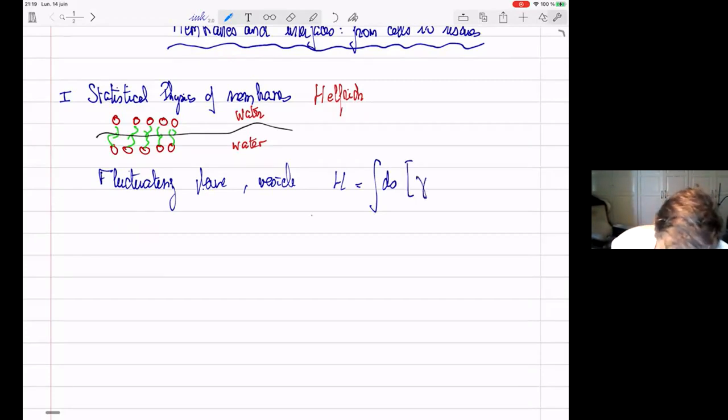The zeroth order term is the membrane tension that I will call gamma. I will assume here that the membrane is symmetric, so there is no linear term, and the second term is proportional to the square of the total curvature of the surface, and there is a bending modulus that I will call K here.